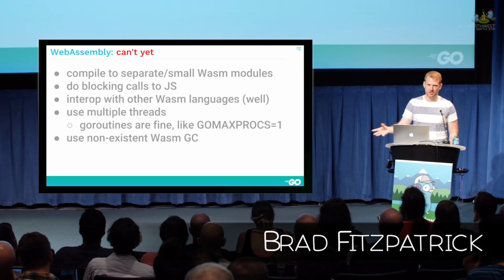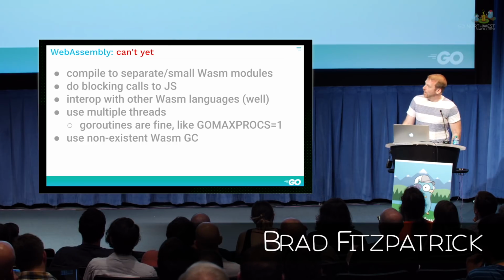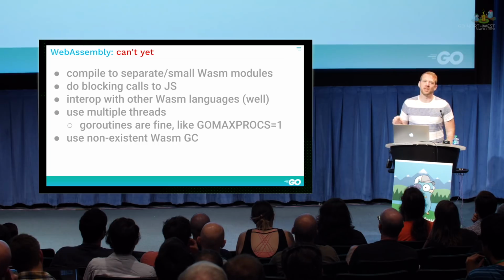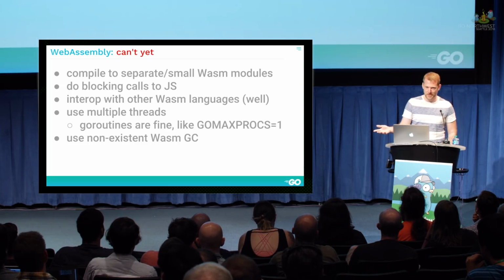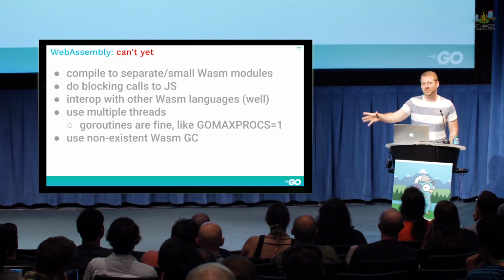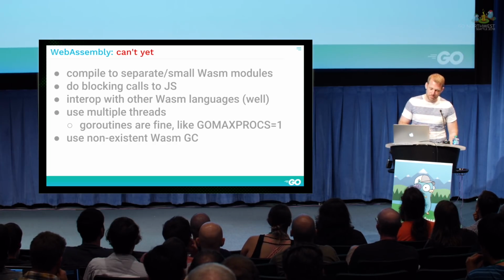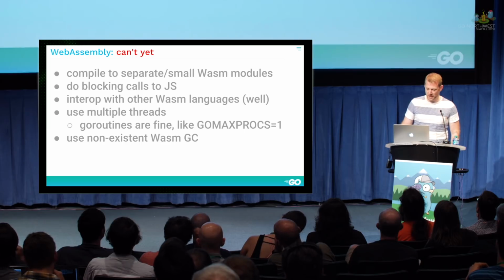But right now, we kind of just crap out one big binary rather than a bunch of per package ones. You can't call blocking calls into JavaScript. So if you register an event handler in JavaScript like onclick and you're expected to return true or false from it, you can't really. You can kind of kickstart things in Go, but the interaction between who's allowed to block and futures and stuff like that doesn't work exactly as sometimes people might expect.